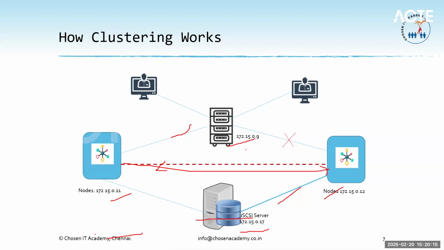So this web service will be available on this virtual IP for these clients. Even if one of the nodes goes away, the things would continue to work. So that's the idea of this.